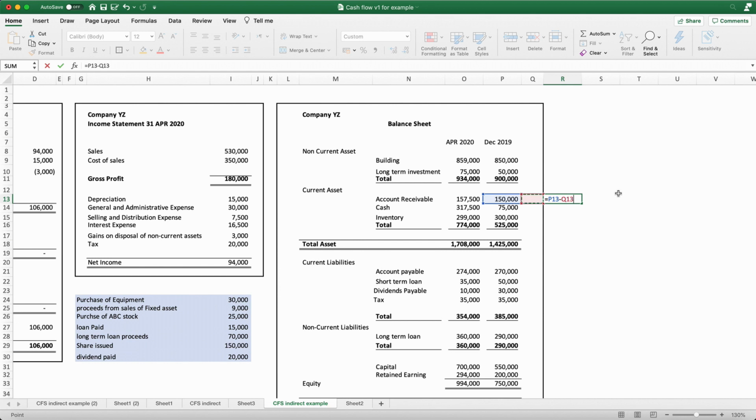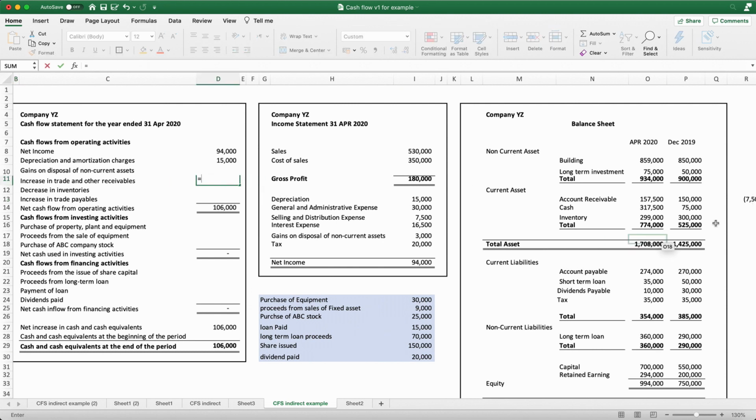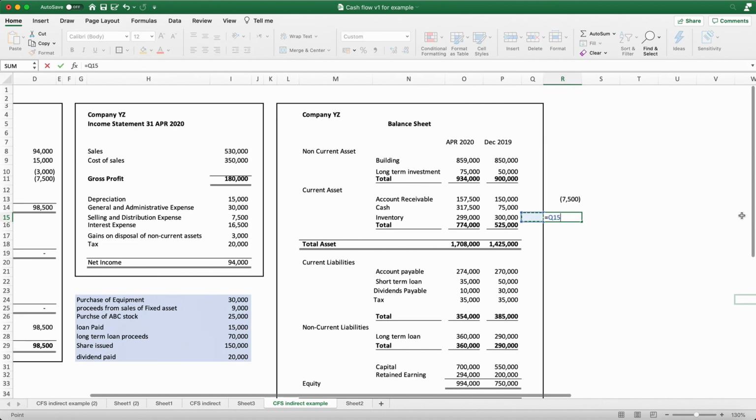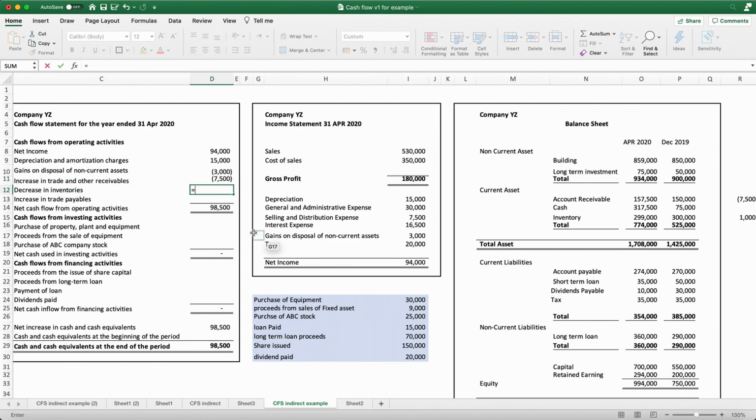I'm going to calculate the difference here. We already have two periods here to calculate the movement in working capital. So receivable got an increase of 7,500. This means we have to pass a negative adjustment. Now inventory. Inventory decreased by 1,000. So we'll have this positive adjustment.